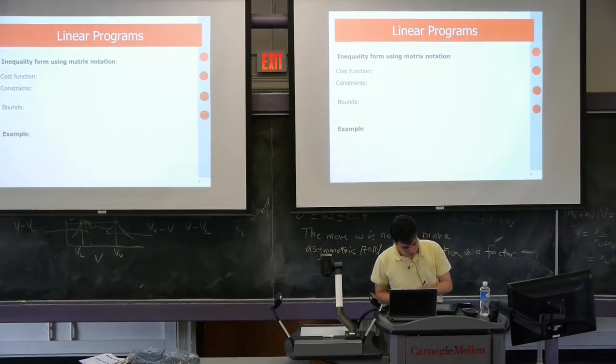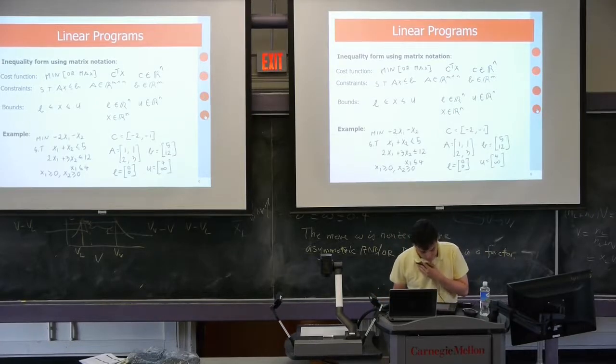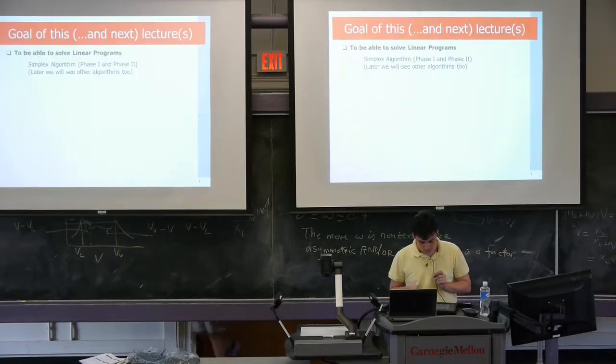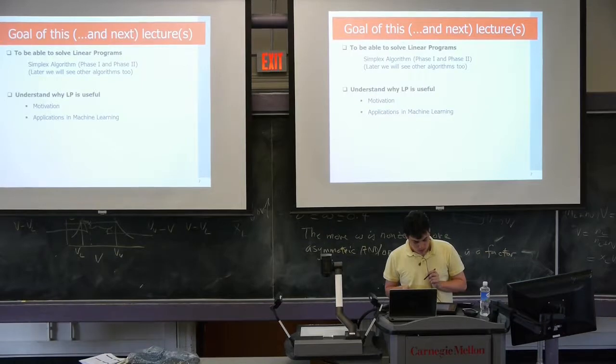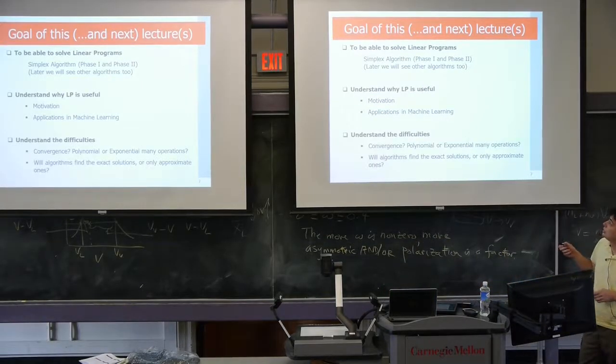Then we discussed the inequality form of linear programs. And then the goal of these lectures is to show an algorithm, namely the Simplex algorithm, that will be able to solve linear programs.